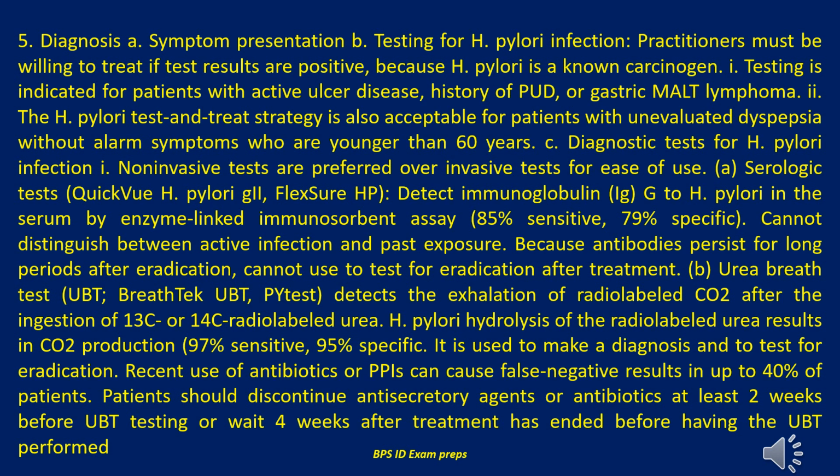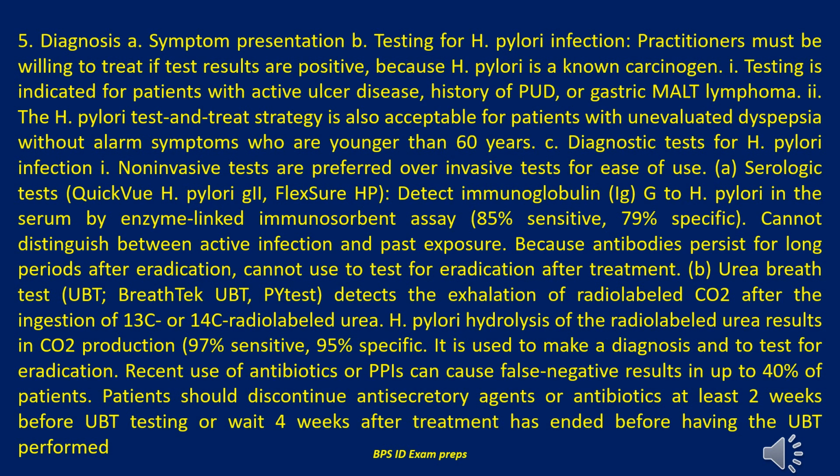B. Urea breath test, abbreviated as UBT, BreathTek UBT, PYtest, detects the exhalation of radio-labeled carbon dioxide after the ingestion of 13C or 14C radio-labeled urea. Helicobacter pylori hydrolysis of the radio-labeled urea results in carbon dioxide production. It is 97% sensitive and 95% specific.